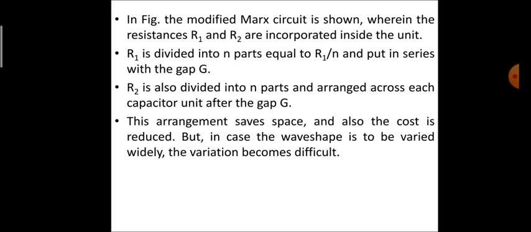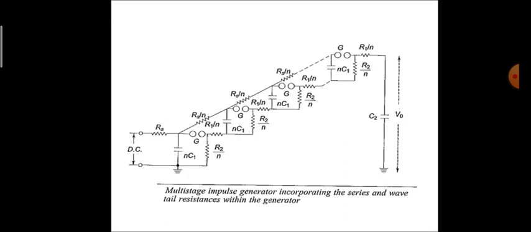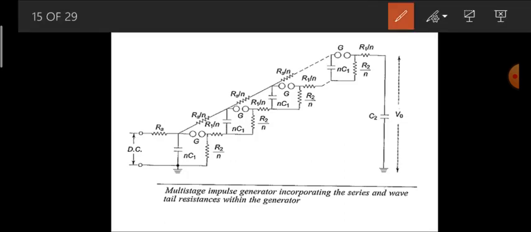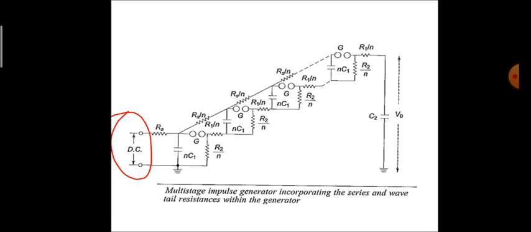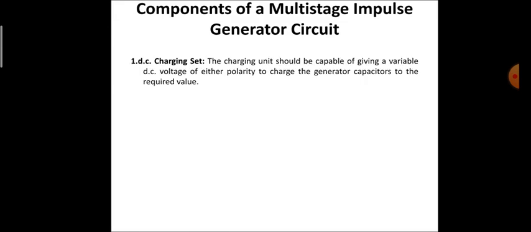If you can see this circuit, we require a DC charging set. The requirement of the DC charging set is to provide the required voltage of the required polarity so as to charge the capacitors.